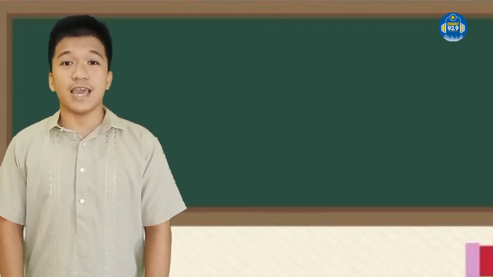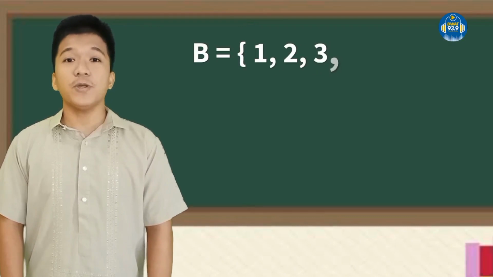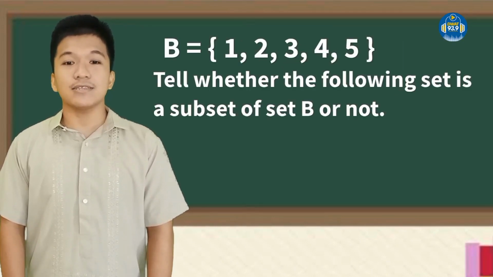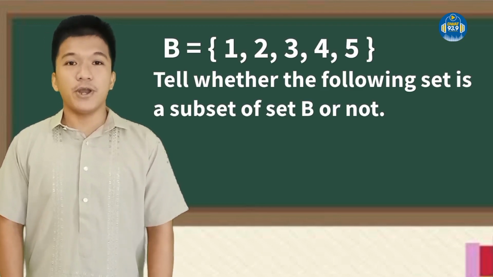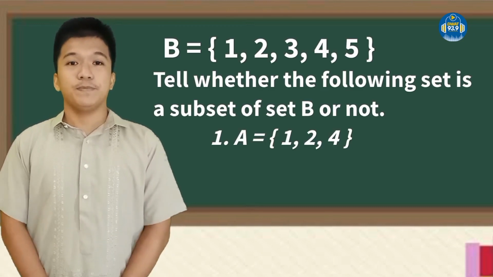Suppose there is a given set B, containing the elements 1, 2, 3, 4, 5. Tell whether the following sets are a subset of set B or not. First, set A, whose elements are 1, 2, 4.